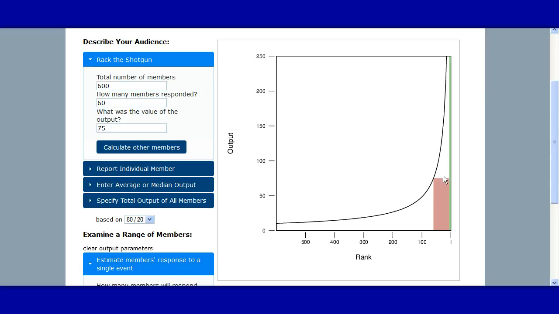So that would give me about $15,300. That's a big chunk of change. If I total these two numbers together, that would give me an extra $37,000 in revenue.